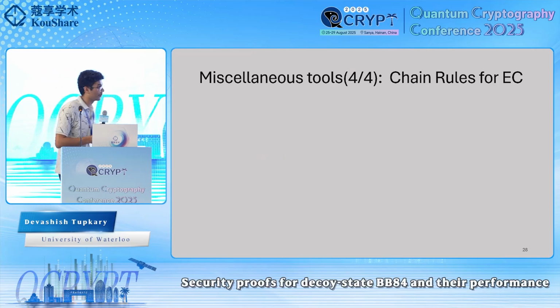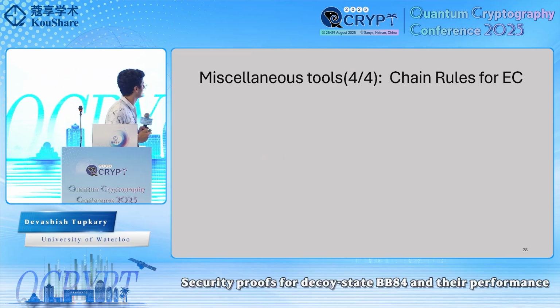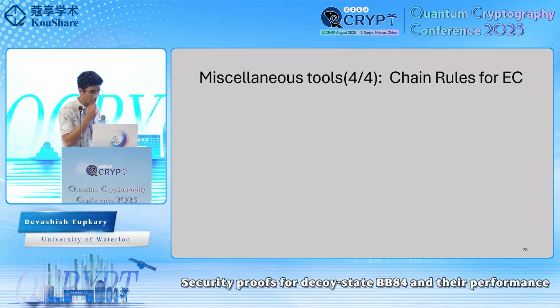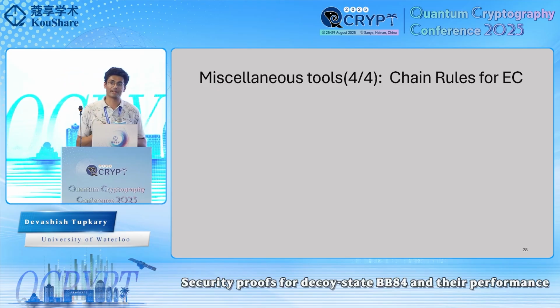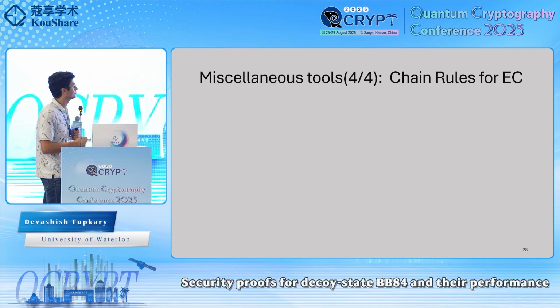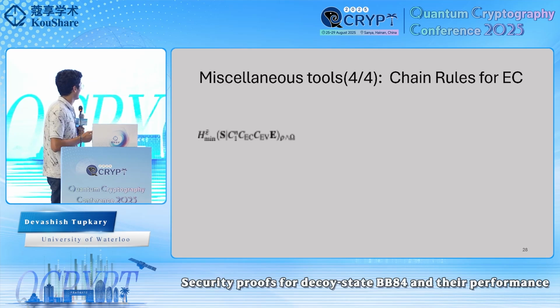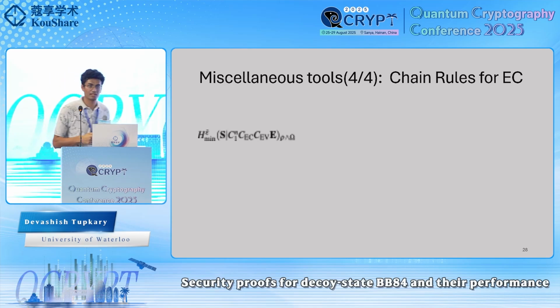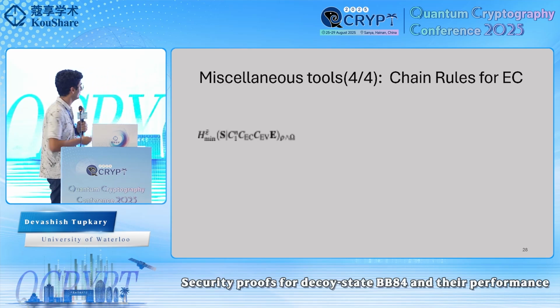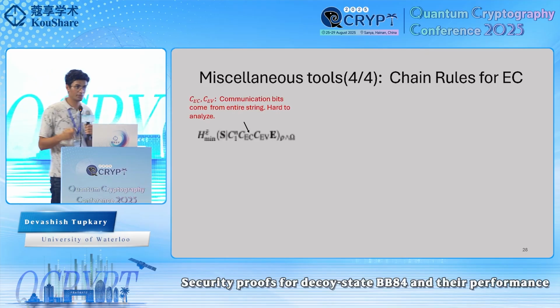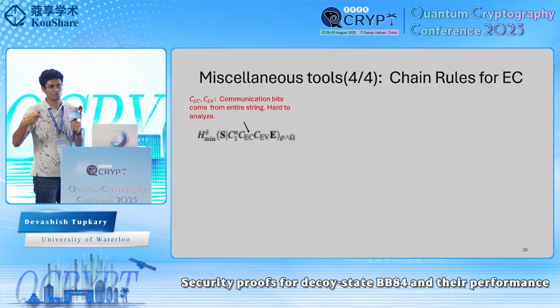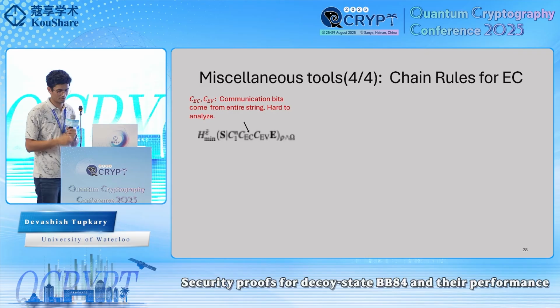Okay, I seem to be doing well on time, so I have some time to talk about this. So how do we handle information leakage due to error correction? Right? So we have this complicated entropy that we want to compute lower bounds on. The communication bits that we use for error correction and error verification are obtained by applying a giant matrix on the entire raw key string, so they are a bit complicated to analyze.